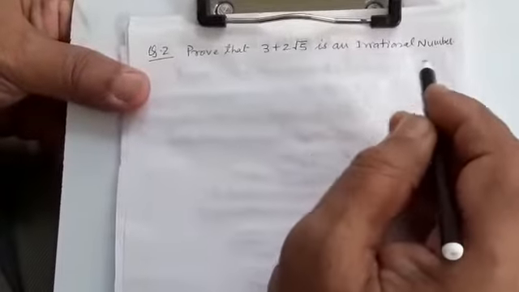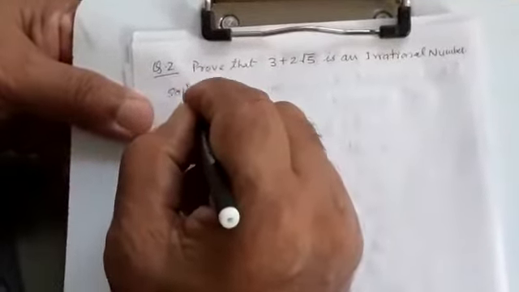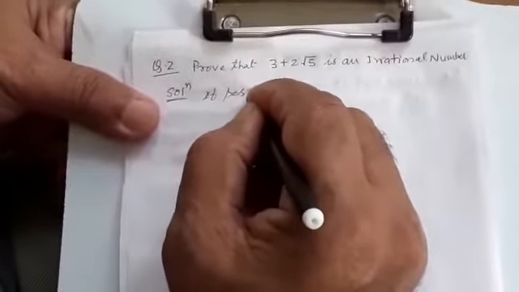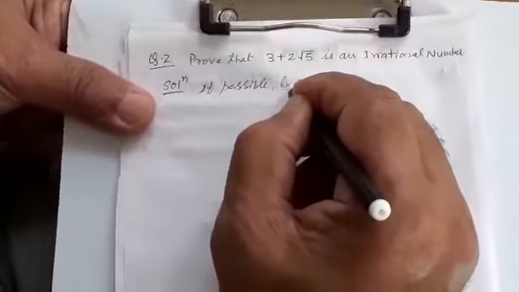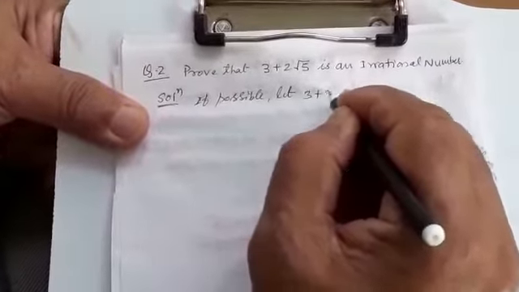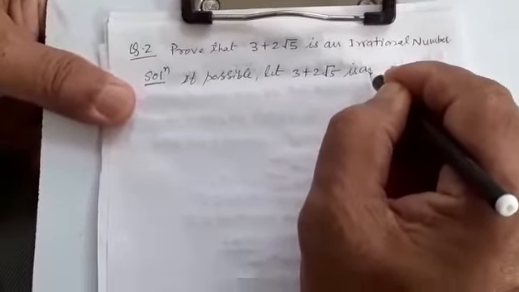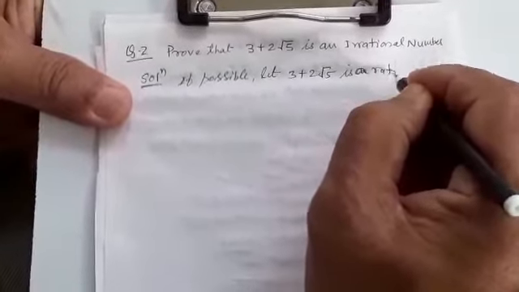Let us move. I think it's very, very simple one. When you do practice, then you will know where you are getting any problem. Come to question number 2. It is asking to prove that 3 plus 2 root 5 is an irrational number. Let us see. It's also so simple. If possible, let 3 plus 2 root 5 be a rational number.